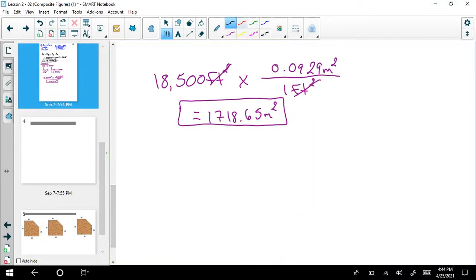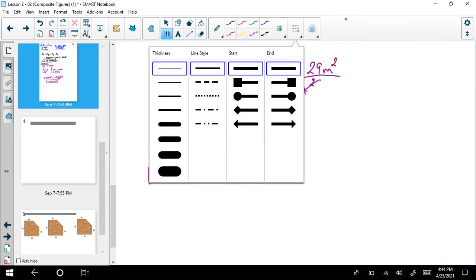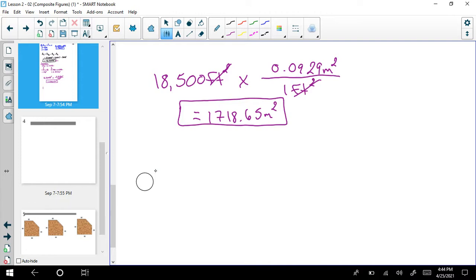So we're going to take what we just found, our 1,718.65 meters squared, and then we multiply it by how much it's going to cost per meter squared.